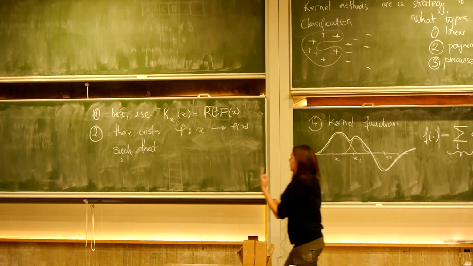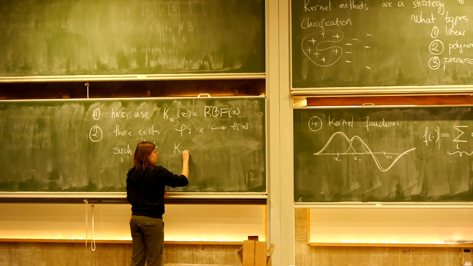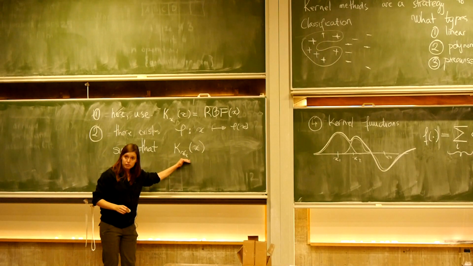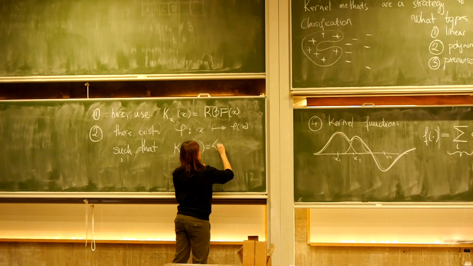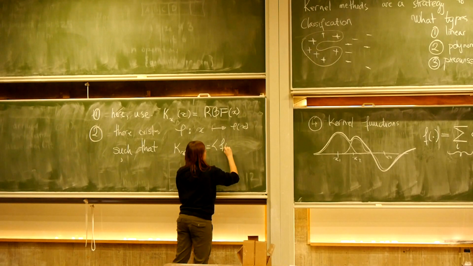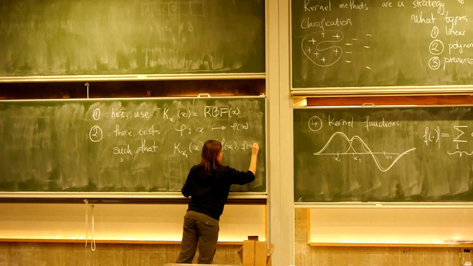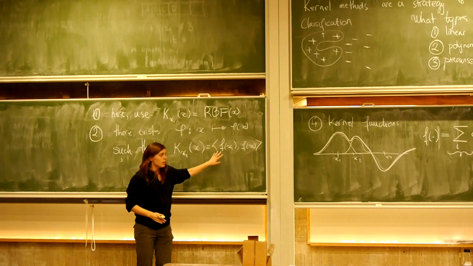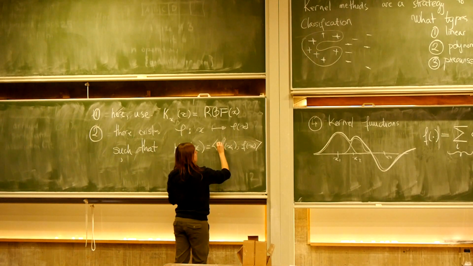So it has the property that if xi and x are similar, then their transforms are similar according to taking the inner product.